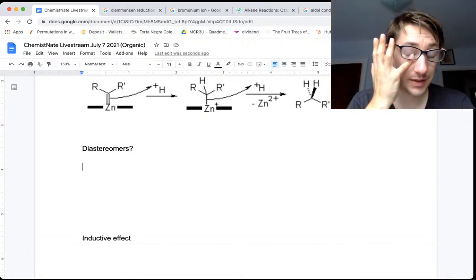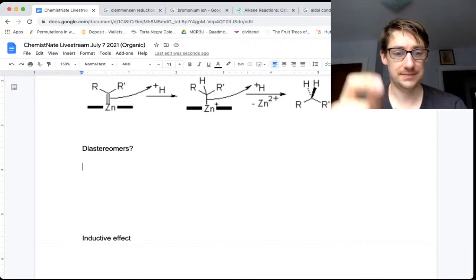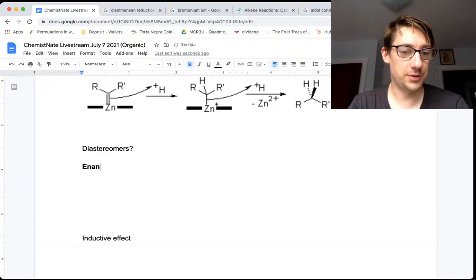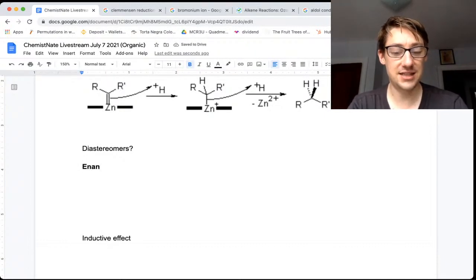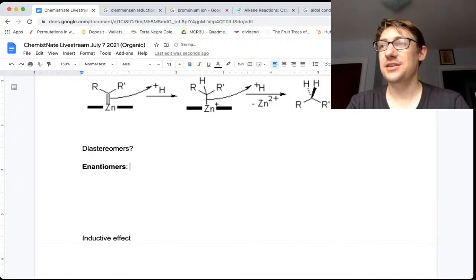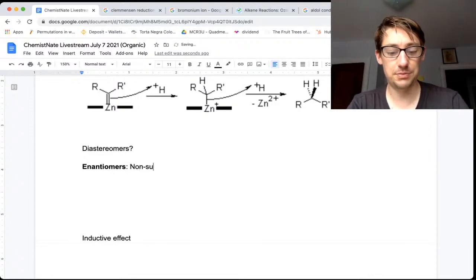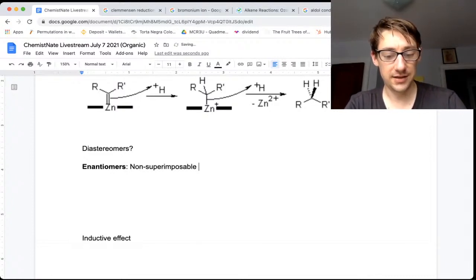Okay, we had a question about diastereomers. Now, my real guess here is that you're wondering about the difference between enantiomers and diastereomers. The word enantiomer is specifically for what we call non-superimposable mirror images.